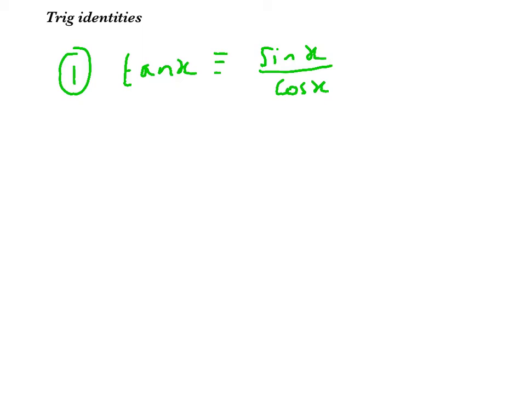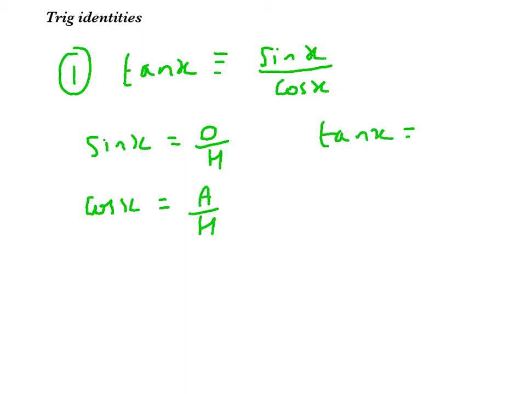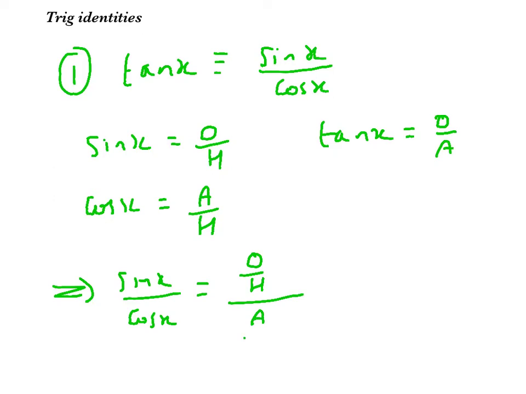We can prove that because we know that sine x equals opposite over hypotenuse, and cos x equals adjacent over hypotenuse, and tan x equals opposite over adjacent. So if I put sine x over cos x, I get O over H divided by A over H, which would flip over and go over, wouldn't it?